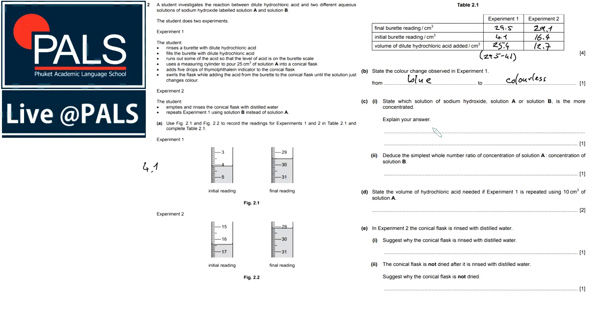Okay, state which solution of sodium hydroxide is more concentrated. Well, we can figure that out by checking the volume of acid that has been added to the sodium hydroxide, and we know we have added more in experiment 1, therefore our solution in experiment 1 is more concentrated.